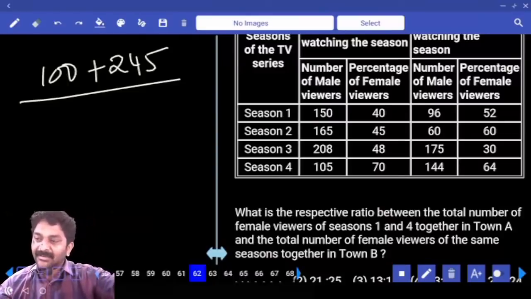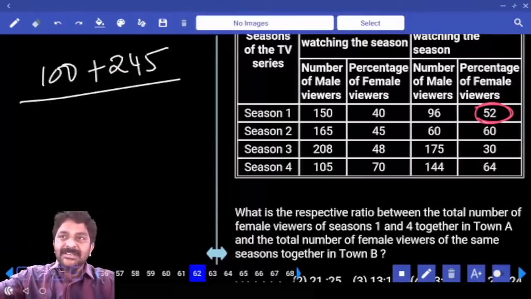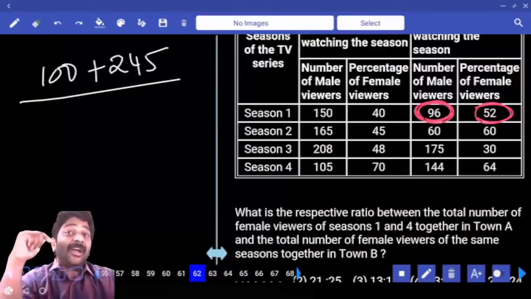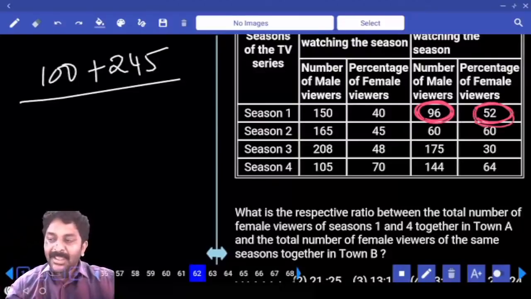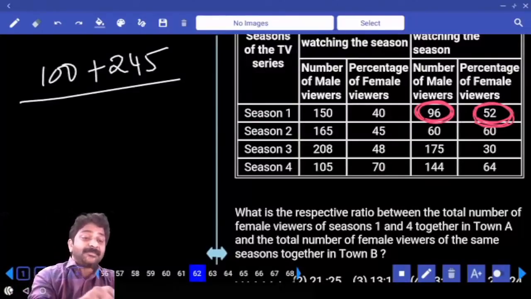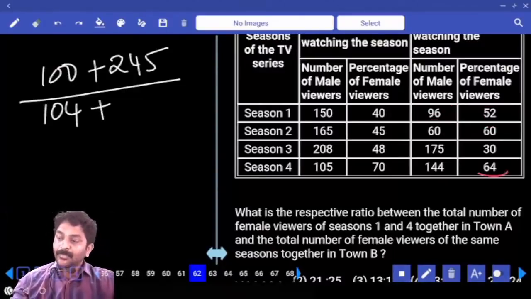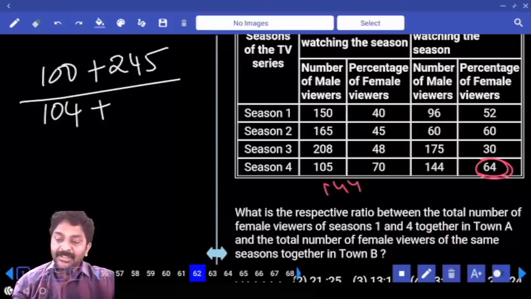Here in season 1, female are 52%, then male are 48%. In terms of number, male are 96. 48, how many times is 96? 2 times only. Female are 52%. 52, 2 times, 104. This is from season 1. Next, season 4. Female are 64%. Then male percentage 36. 144 is equal to 36%.